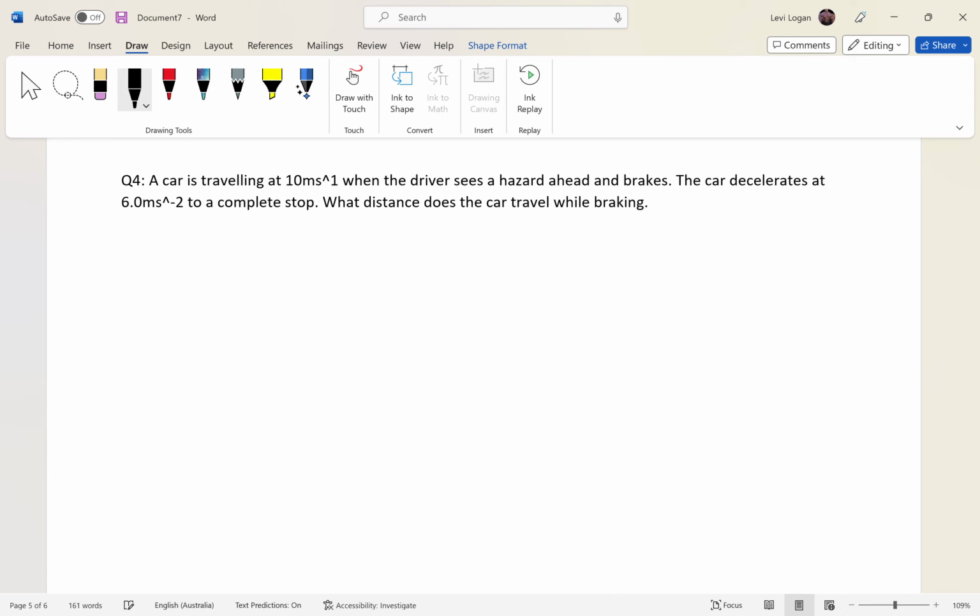Right. So this question, I'd say, has gone a bit different. We've been given an acceleration, except we've been given deceleration. So if you have a car and it's traveling at some velocity this way, and you're decelerating, that means you're accelerating in the opposite direction.